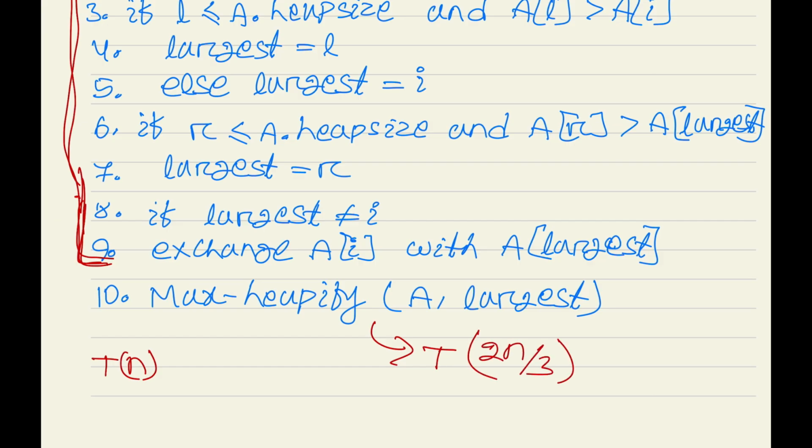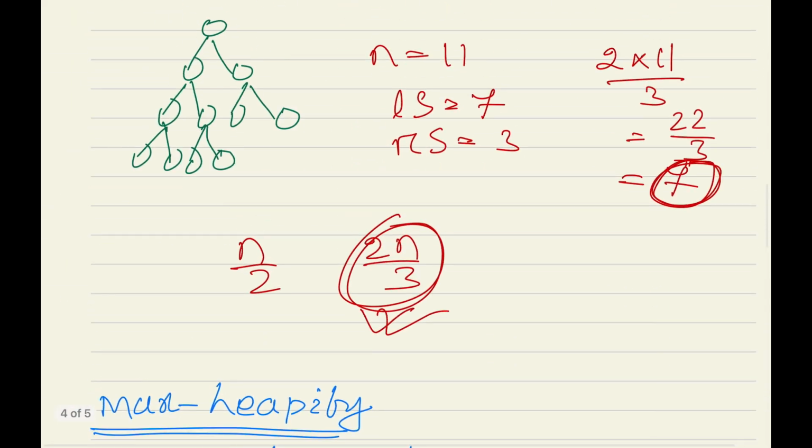If T of n is the time complexity of Max-Heapify where n nodes are there, then again we have to apply the algorithm either in the left subtree or in the right subtree, and we have discussed that just now.